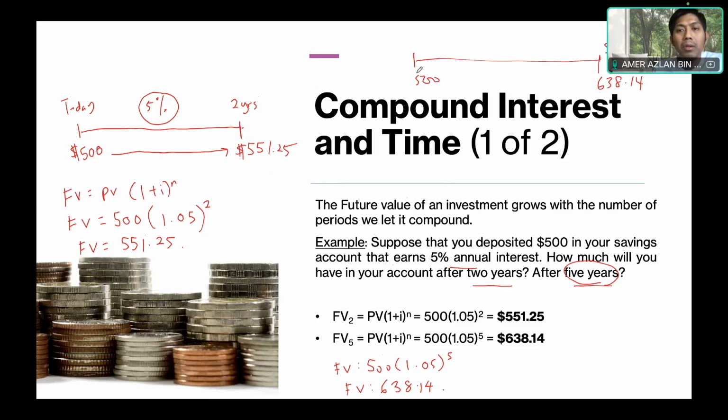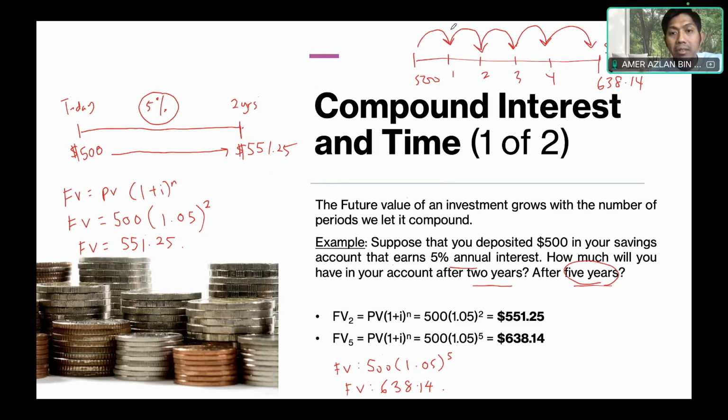This is what we call the effect of compound interest, whereby you leave your money in the account for 5 years, and you let the money and the return grow in value.